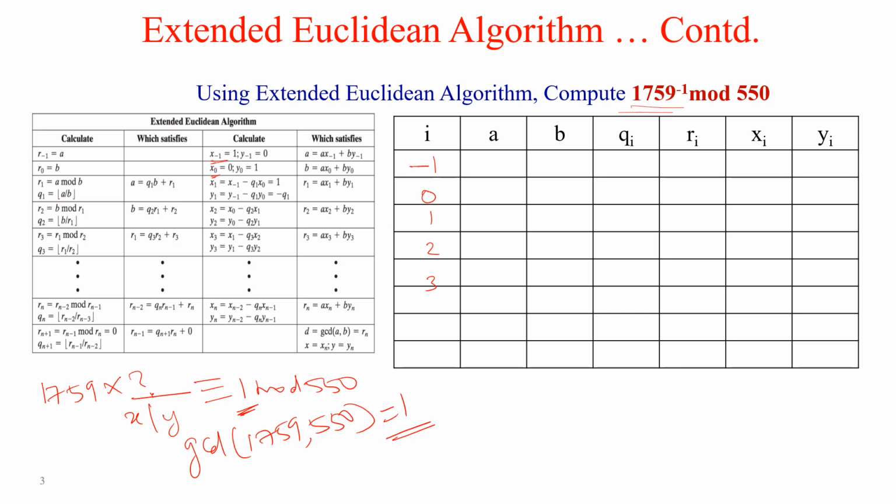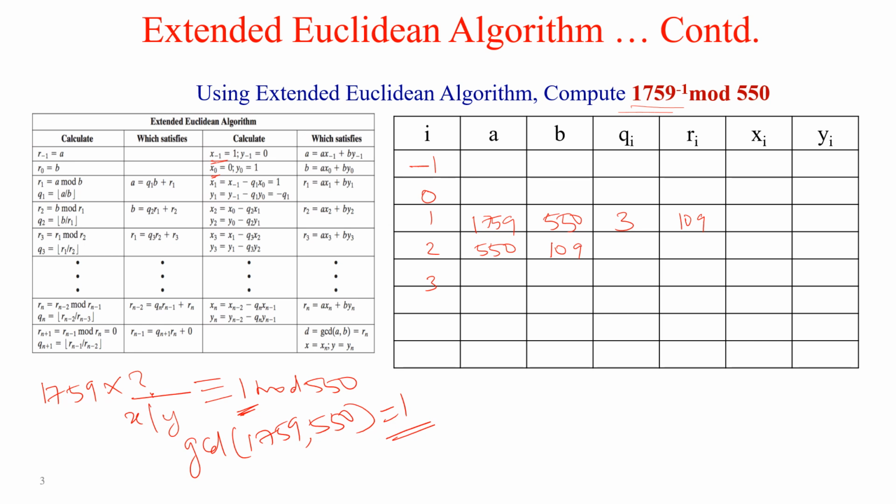So here 1759 and 550. What is the quotient? The quotient is 3 and the remainder is 109. Now R is greater than 0, so what do you have to do? A becomes B, that is 550, and B becomes R, that is 109.